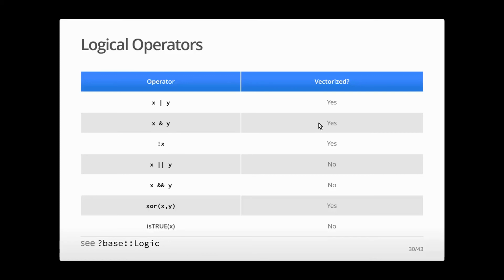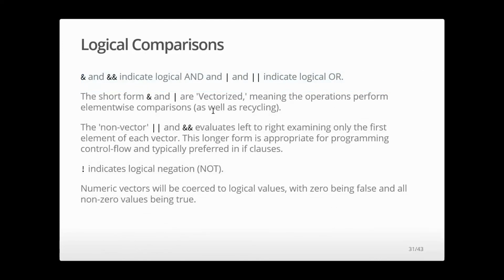And it will go element by element, doing the comparisons that way. True or false, true and false, things like that. Whereas the double or and the double and are not vectorized. These only look at the first element in each vector and will only return one true or false value. So that's what we have.